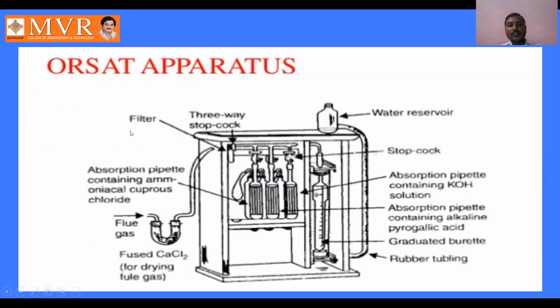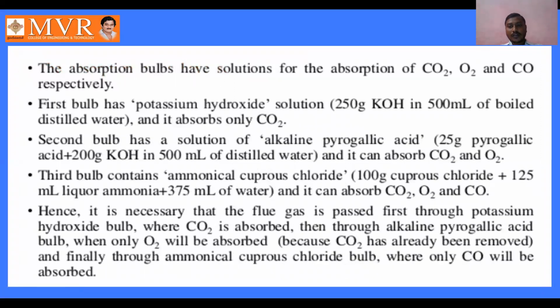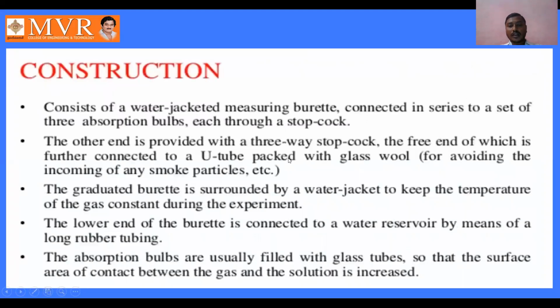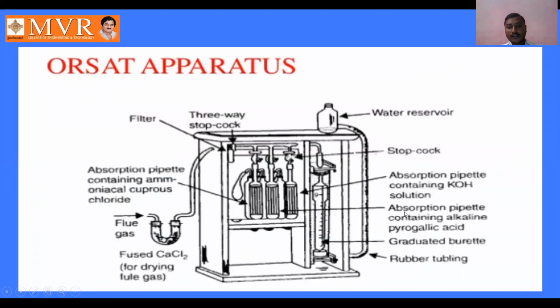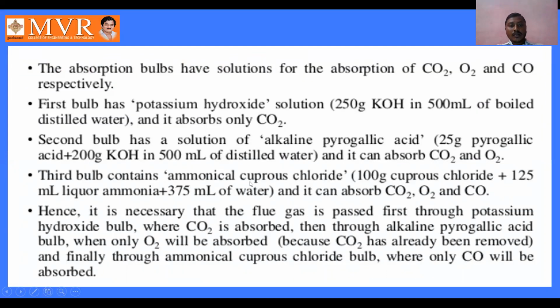In the second one we have alkaline pyrogallic acid plus 200 grams of KOH in 500 ml of distilled water, and it can absorb CO2 and O2.